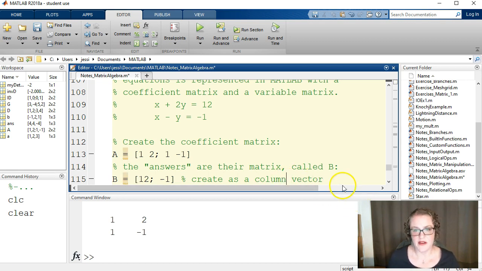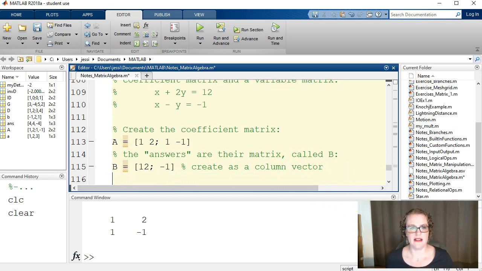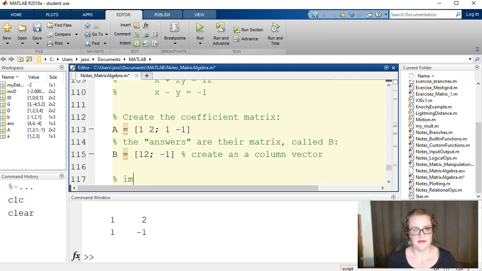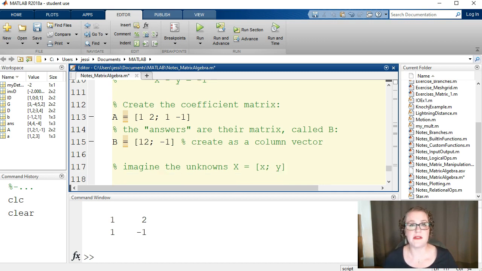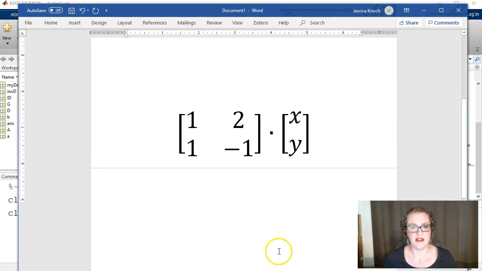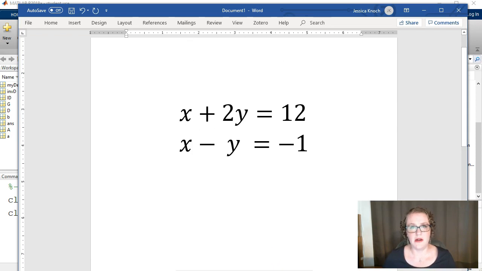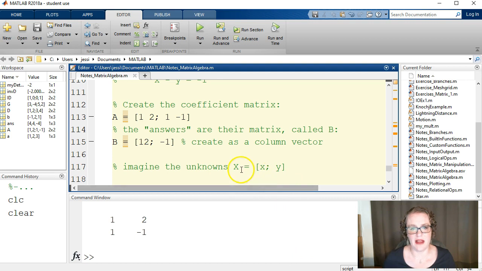Now if we imagine the unknowns, I'll call it capital X, and it consists of x and y. The variables that are called x and y in this equation together make up all my unknowns, and I'm calling that capital X here in MATLAB.